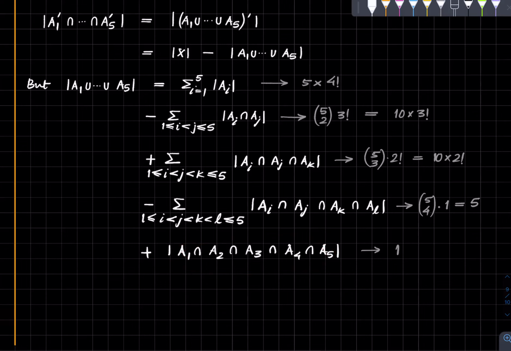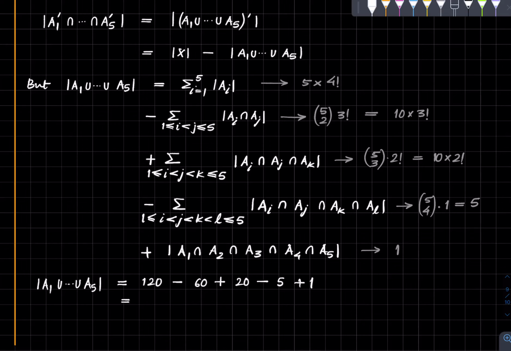So what is finally the cardinality of the union of this? This is equal to 5 times 4 factorial, which is, I don't know what is the best way to count this, so that's 120 minus 10 times 6, that is 60, plus 10 times 2 is 20, minus 5 plus 1.